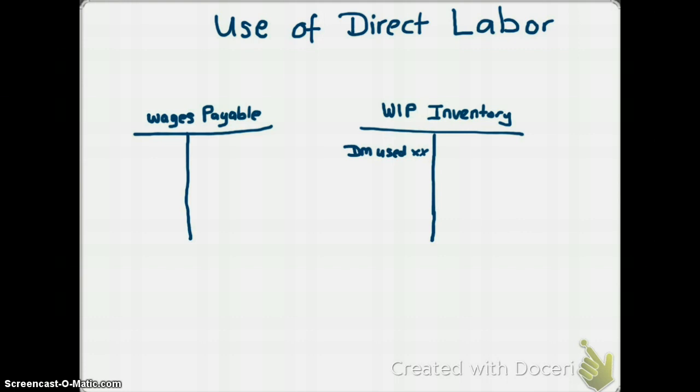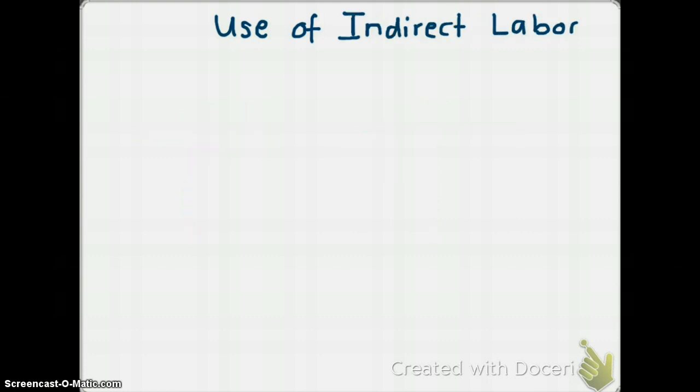So direct labor, as it's used up, or rather as people work, also gets accumulated into your work in process inventory account. In your journal entry, you debit your work in process inventory and then credit your wages payable account.